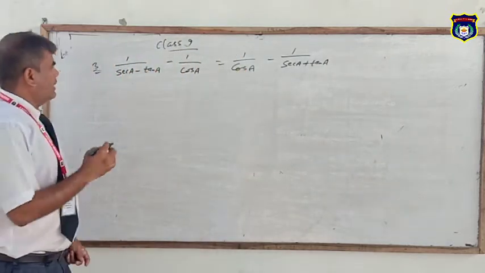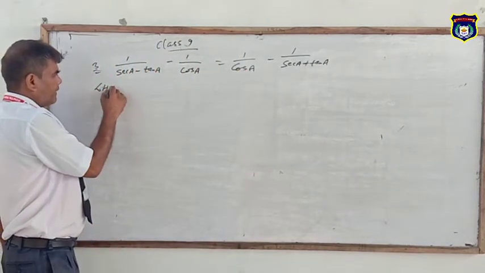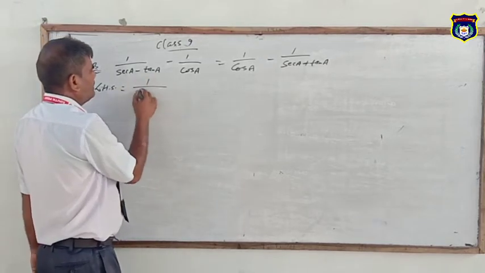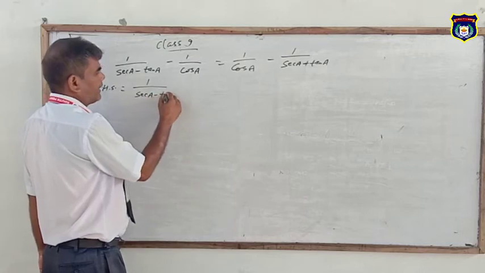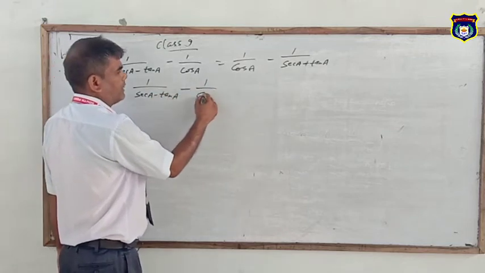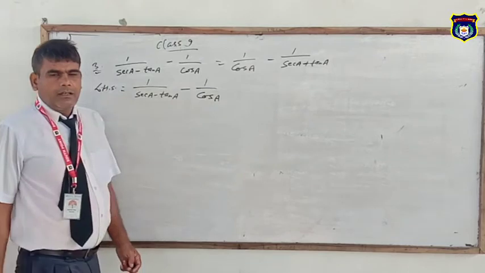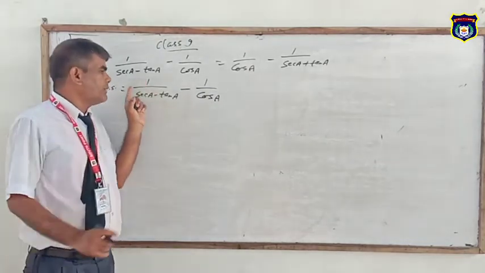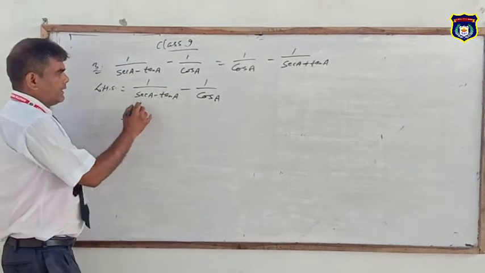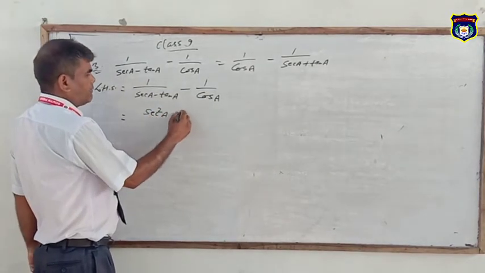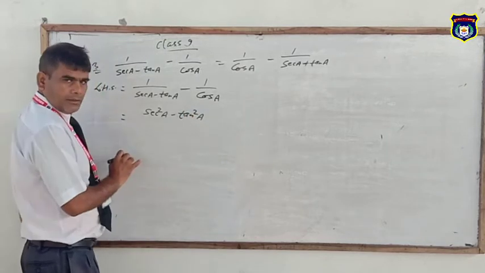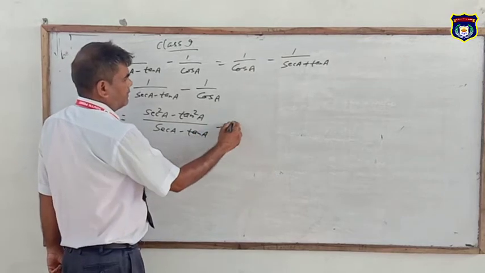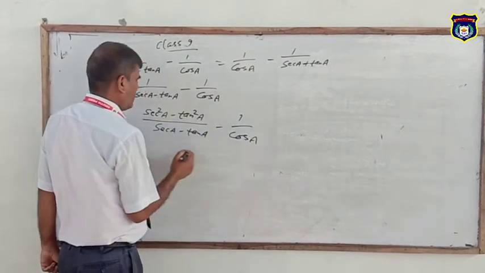Now taking LHS, left hand side, 1 by (sec A minus tan A) minus 1 by cos A. Here is 1, and the formula of 1 in sec and tan form is sec square A minus tan square A is 1, so (sec square A minus tan square A) by (sec A minus tan A) minus 1 by cos A.